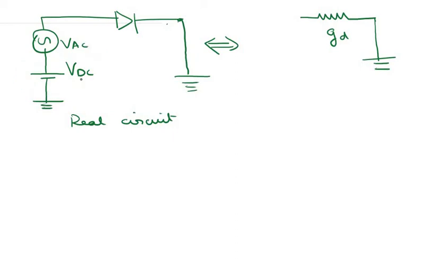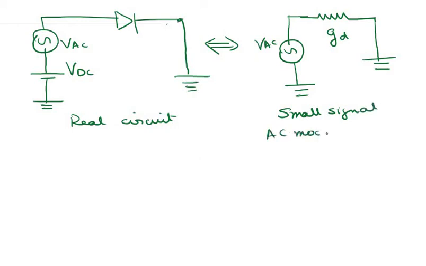A DC voltage can only produce DC current. A DC voltage cannot produce AC current. So this DC voltage is omitted here, and we only put this AC voltage VAC, and then this side is grounded. So this diode is replaced by this diffusion conductance GD. Okay, so this is the small signal AC model of the diode for low or moderate frequency.